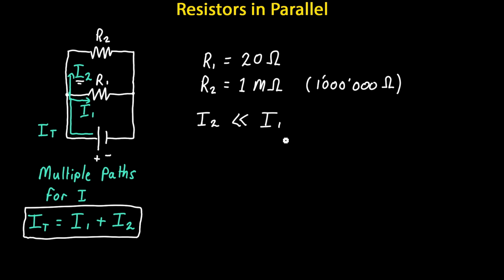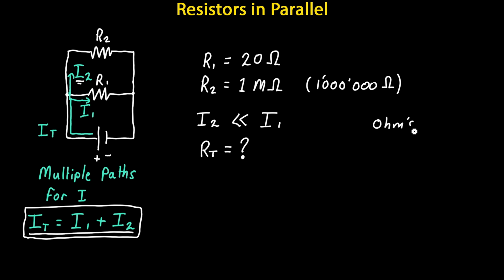So even though the total current in the circuit is the sum of the current going through each of the resistors, the current flowing through the second resistor is much, much smaller than the current flowing through the first resistor. So what if we want to find out the total resistance of the parallel circuit? Given that we know the individual resistances of R1 and R2, how could we do this?